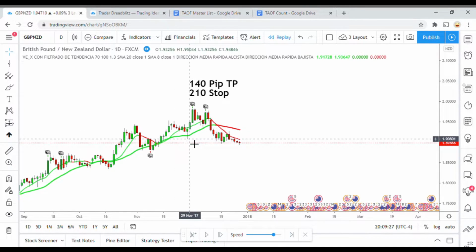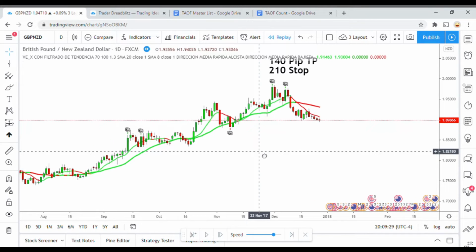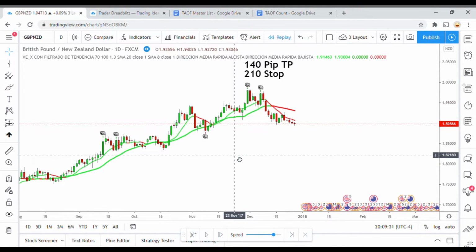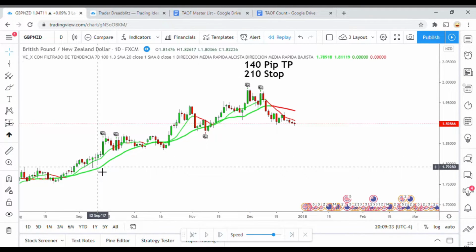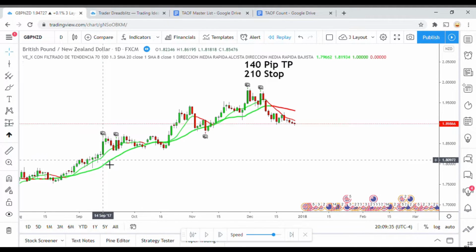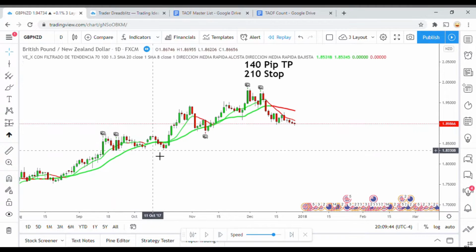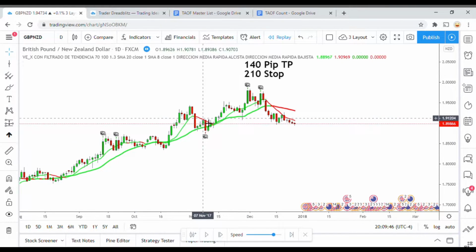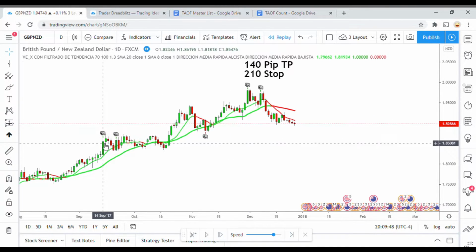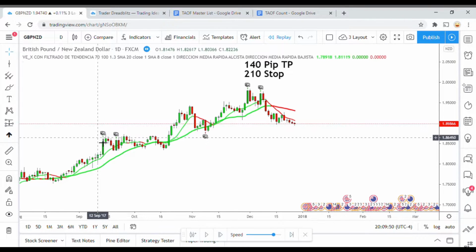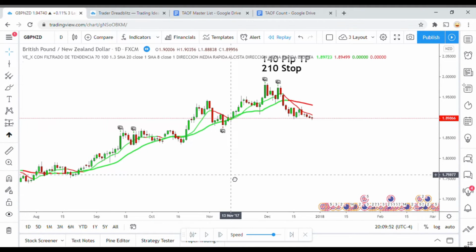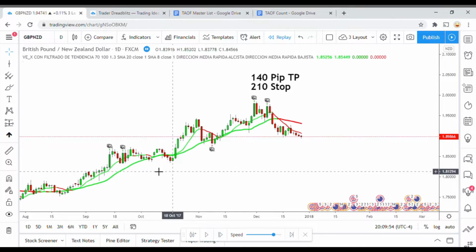Another thing that the creator said was that you can trade the elephant bar in two different ways. You can either just take the trade. So again, elephant on top is a long trade, elephant on bottom is a short trade, and you can just take that trade as soon as the candle closes and the elephant appears.